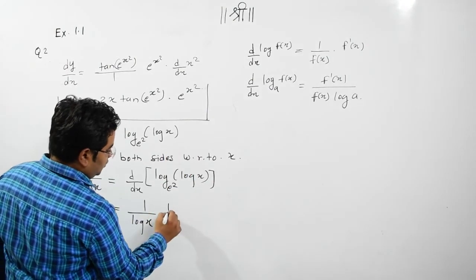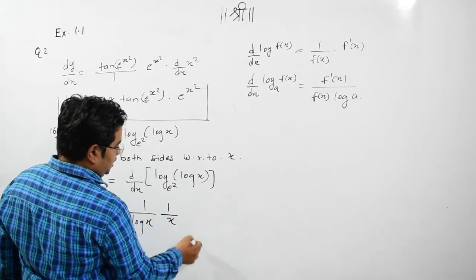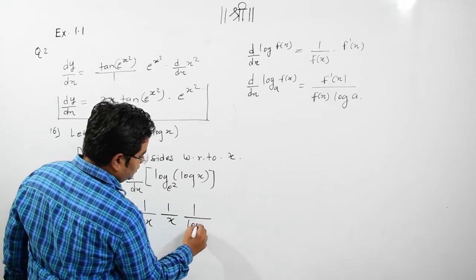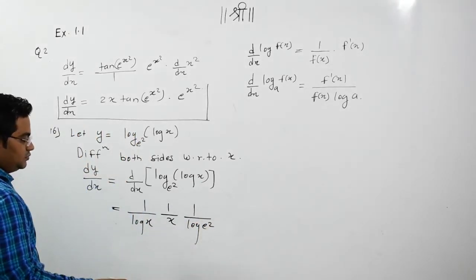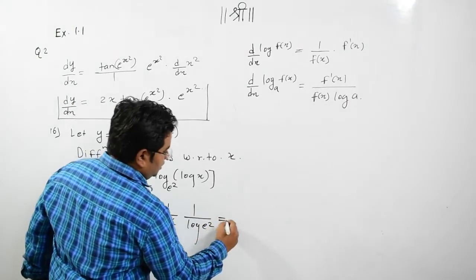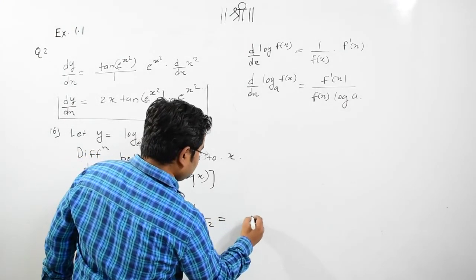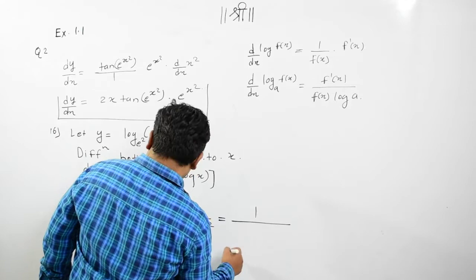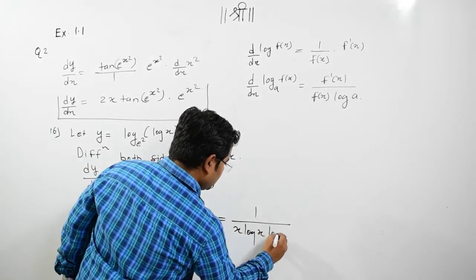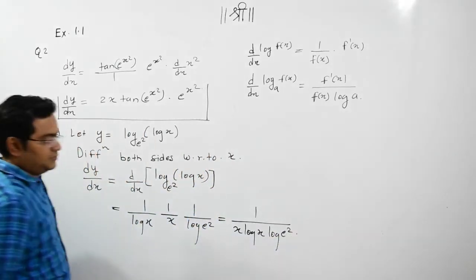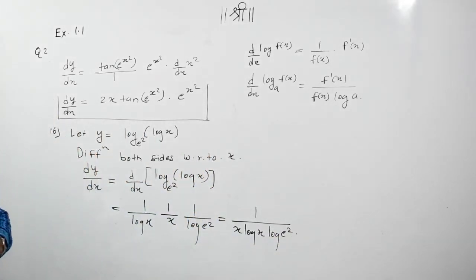That is 1 upon x, again into 1 upon log e². Everything is good up to this point. Now the next step is 1 upon log x into x into log e². That should be our final answer. Just check it once whether we are correct or not.